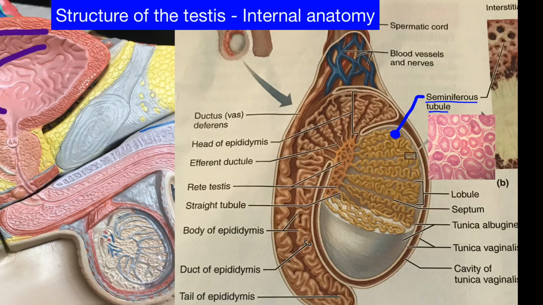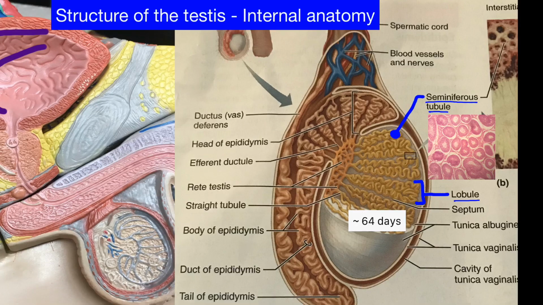I'm not going to put this slide on the practical because we don't look at it in detail in any of the activities, but I just wanted to give you a feel for what this looks like, and we're going to look more closely in the next few slides. So one huge package of these coiled tubes, the coiled seminiferous tubules, is referred to as a lobule. And you can see that there's multiple lobules and then they kind of pool together.